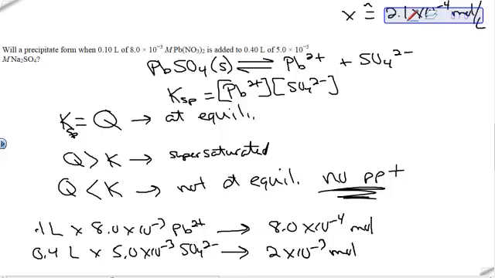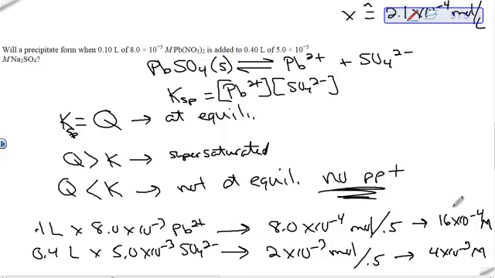This many moles of sulfate ions, but remember we need molarity, so I divide that by the total volume, which is 0.5, which means I get 16 times 10 to the negative fourth, or 1.6 times 10 to the negative third molarity for this, and in this case I get 4 times 10 to the negative third molar here.